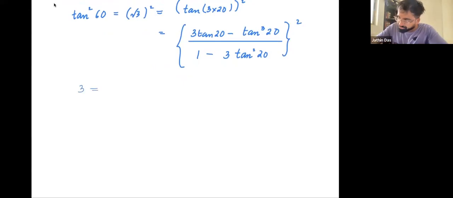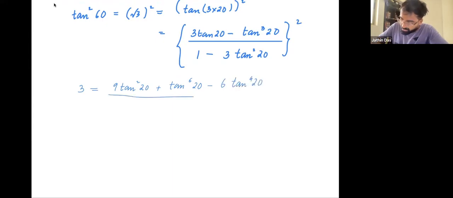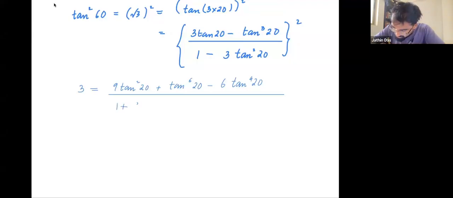फिर 3 आ रहा है. इसका is 9 tan square 20 plus tan raised to 6 minus 2ab will be 6 tan raised to 4 20, divided by इसका square will be 1 plus 9 tan raised to 4 20 minus 2ab term will be 6. See if you're getting like this.